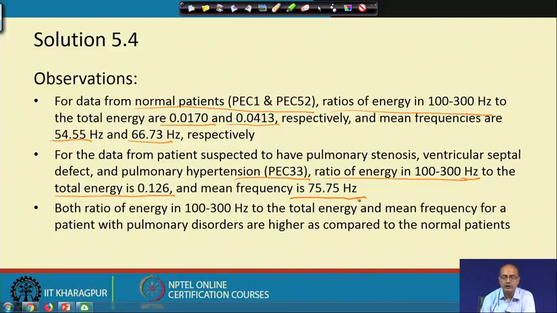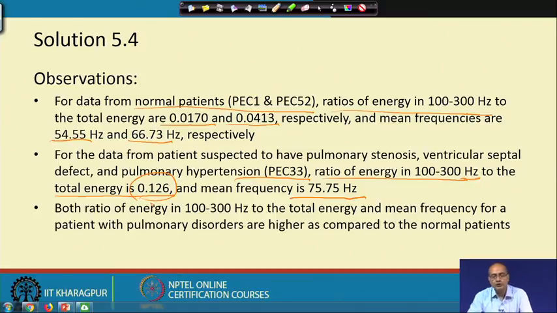So, from this what we can get is that the ratio of the energy and the mean frequency both are higher when it is a pathogenic case, because clearly 12.6% energy is there, which is an order of magnitude higher than the normal cases.